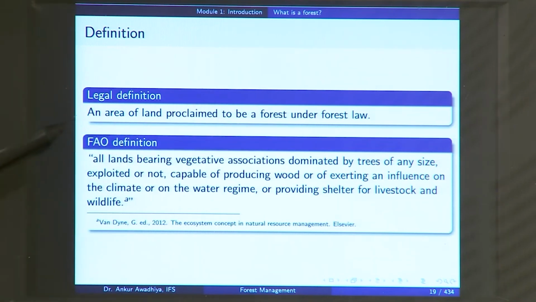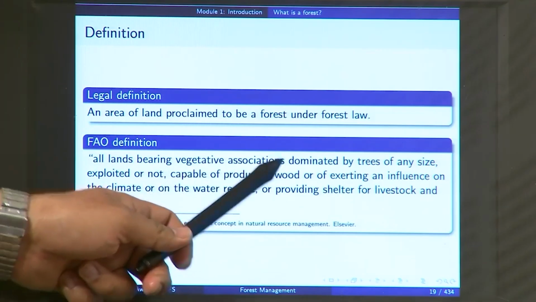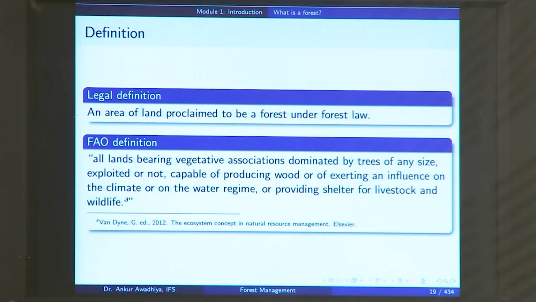Now, this forest should be capable of producing wood. This is one utility of the forest, that you can have an area that is capable of producing wood, or of exerting an influence on the climate. So, you can have this area as a forest because it is exerting an influence on the climate. This is another utility of a forest, or on the water regime. Why on the water regime?